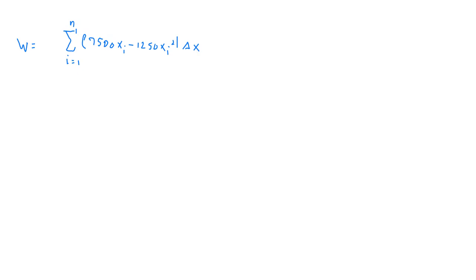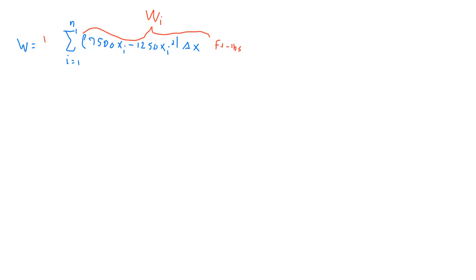Okay, do you agree? You're okay that this expression here is for the ith piece of work, to bring the ith layer of water to the top of the tank, to pump that ith layer of water up to the top of the tank. You're good with that so far? All right. And the units are in foot-pounds. That was established.